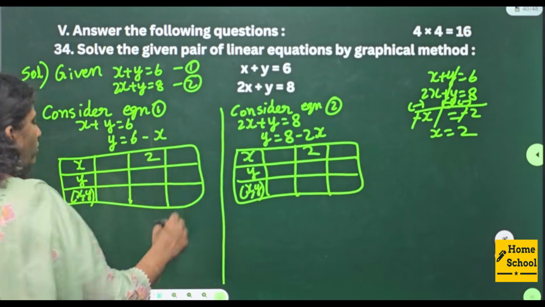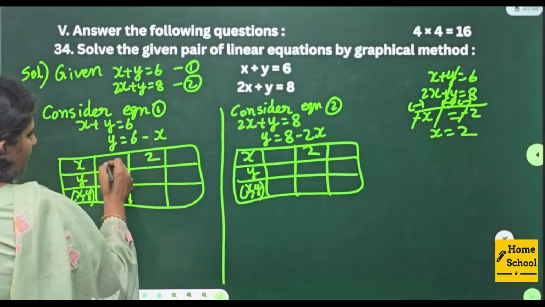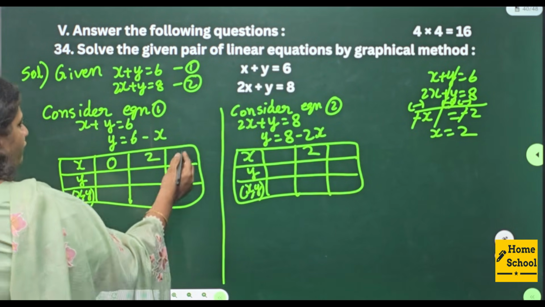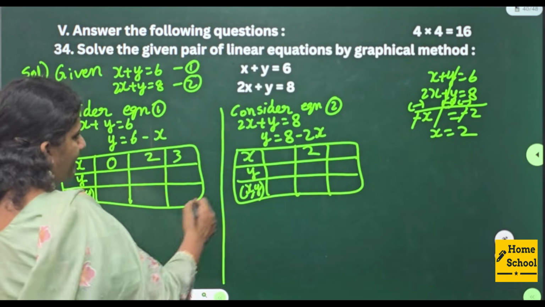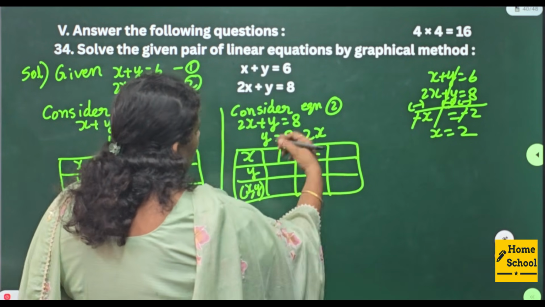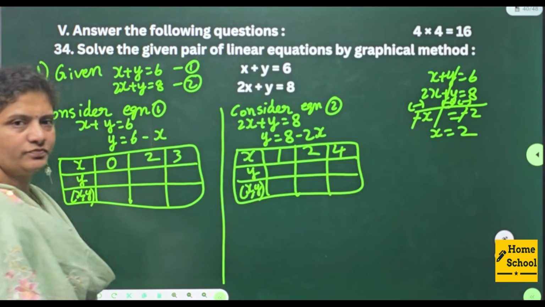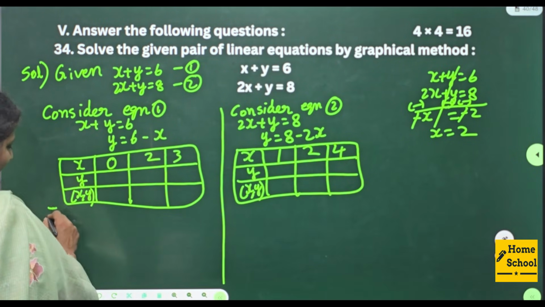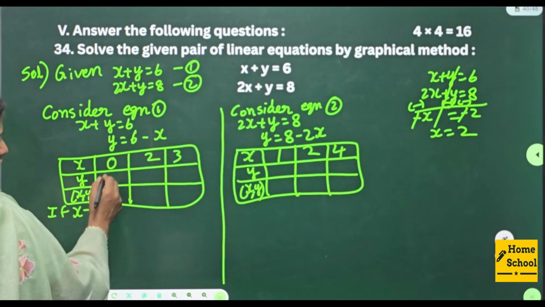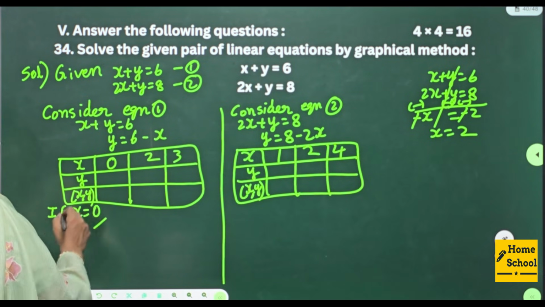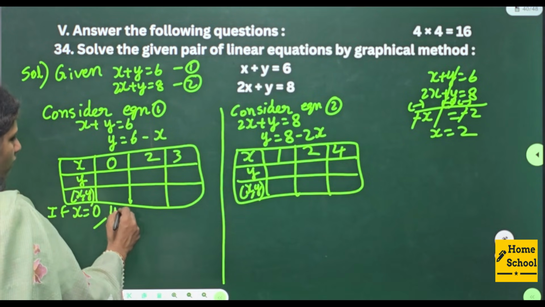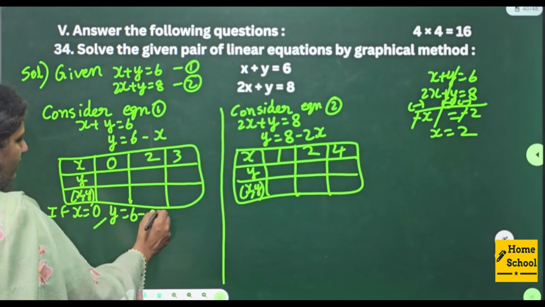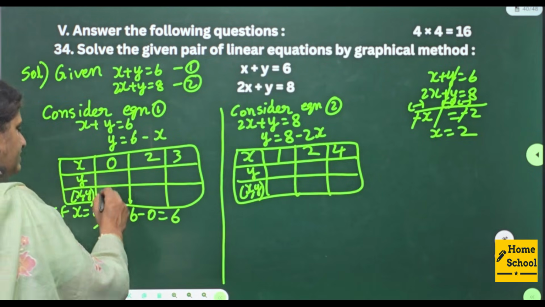2. Here, 2 before one number, let me take 0. 2 after one number, 3. Here 2 before 1, 2 after I'll take 4. Okay. So now, if x equal to whatever value you have taken, write that. If x equal to 0, y is equal to 6 minus 0, that is 6.